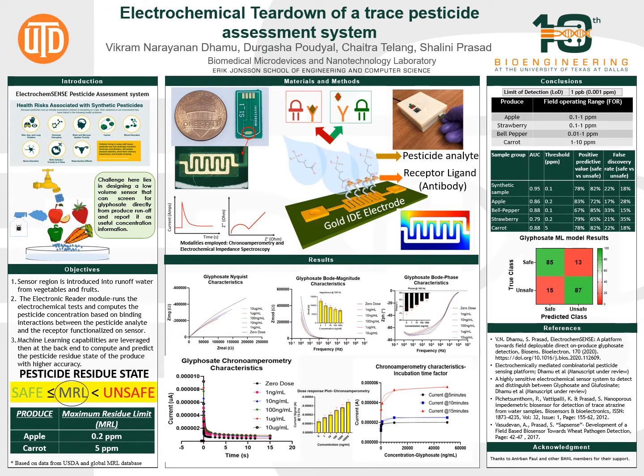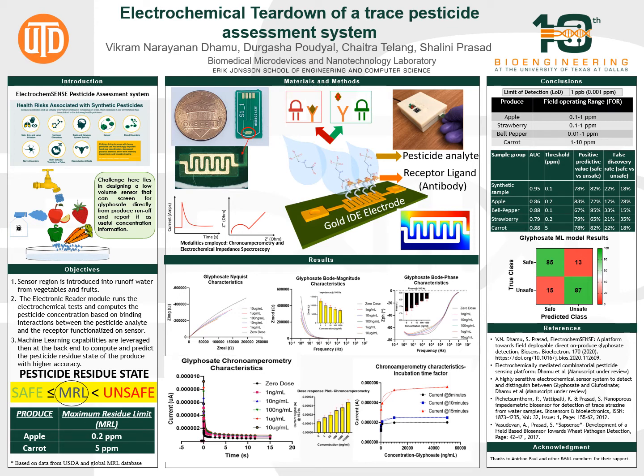So we apply an AC bias, which is an alternating current bias, to the electrode that perturbs the interface at the electrode-electrolyte surface, causing a dielectric or a capacitive effect. This impedance or capacitance is monitored as a function of binding between the pesticide analyte and the receptor ligand, which is the antibody, which is shown in the schematic right here.